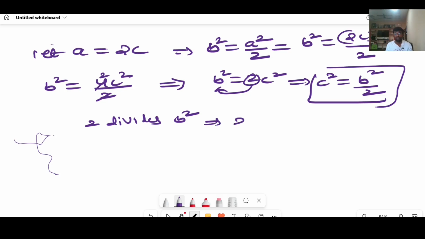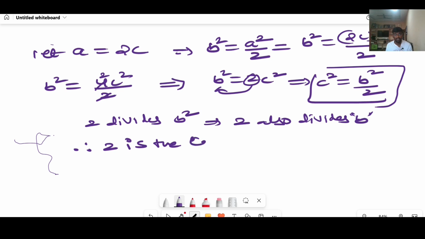That means 2 also divides b, right? 2 also divides b by using the fundamental theorem of arithmetic, which we have discussed in the earlier cases, right? Therefore 2 is the common factor for a, b, right?